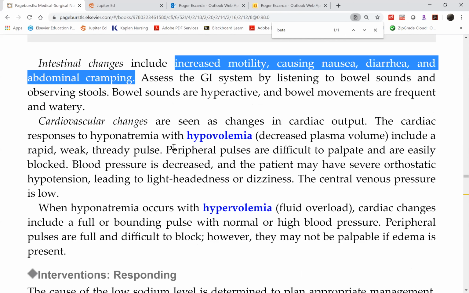Now, when it comes to cardiovascular changes, it really depends because you can have hyponatremia in hypovolemia. You can also have hyponatremia in hypervolemia. So we can skip this one because, again, this is specific to the cause. Let me just briefly explain. If the cause is, let's say, total fluid loss, meaning both total fluid and electrolytes, not isotonic, in that case, you have hyponatremia in a dehydrated patient.